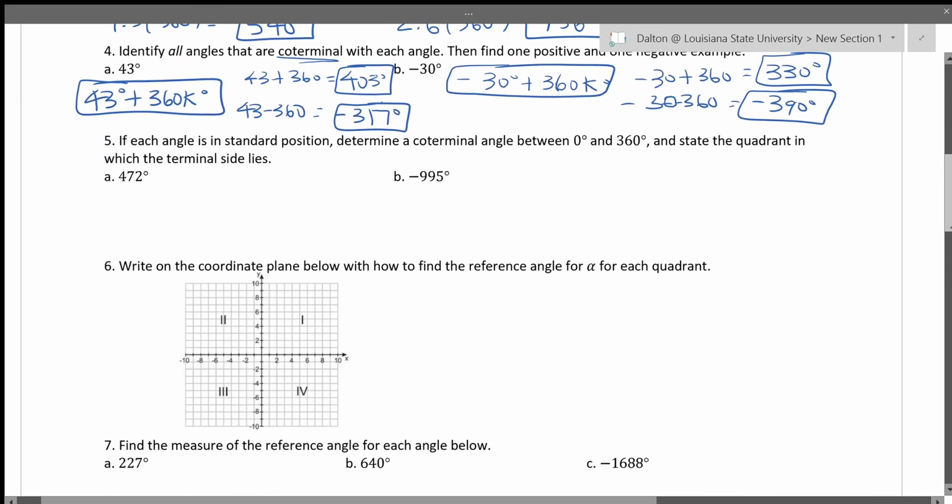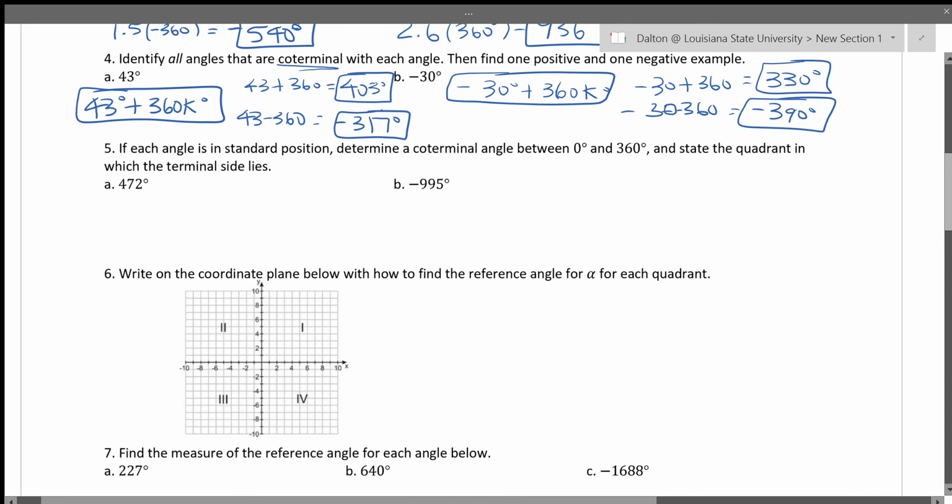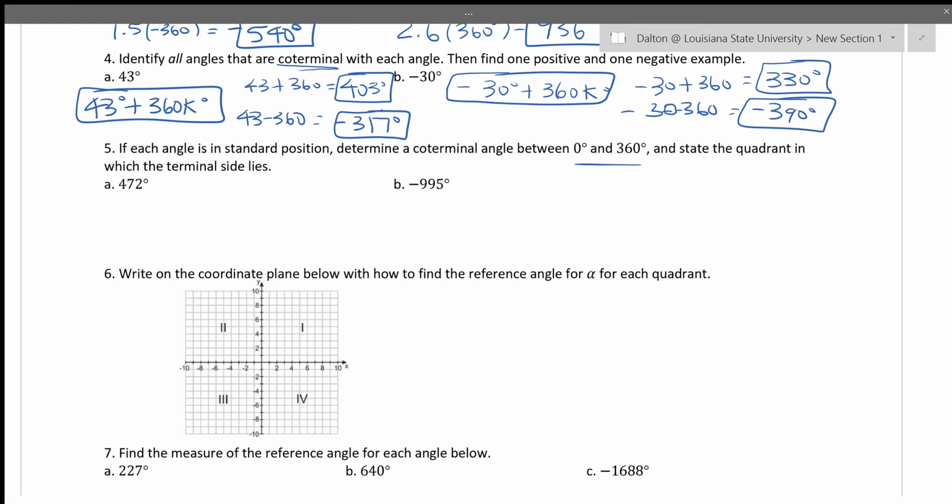Okay, number 5. If each angle is in standard position, determine a coterminal angle between 0 and 360 and state the quadrant in which the terminal side lies. So this is kind of like number 4, except I don't want any coterminal angle. I want the coterminal angle between 0 and 360 degrees. Okay, so like 472, I realize it's a little bit greater than 360.